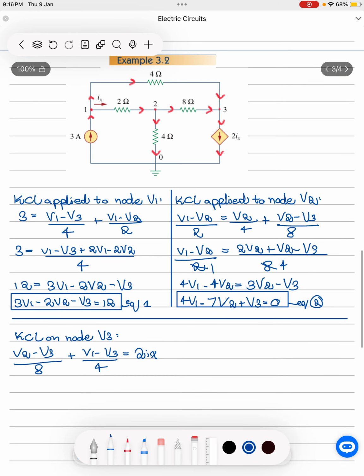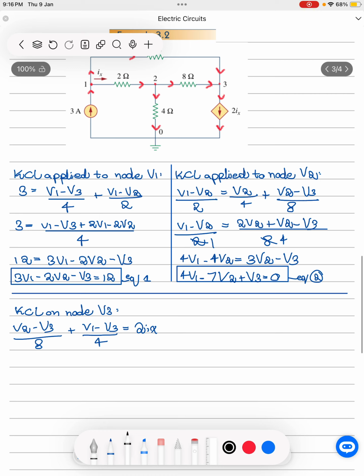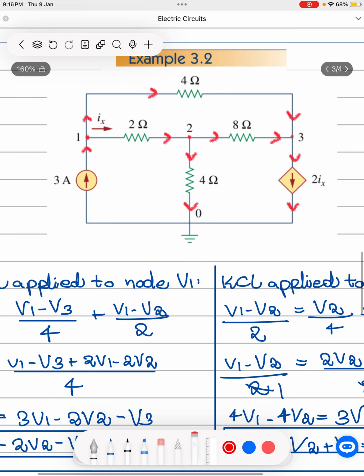So we're going to be writing the expression for Ix. Ix is (V1 minus V2)/2, right? We can see that this is node V1, this is node V2.